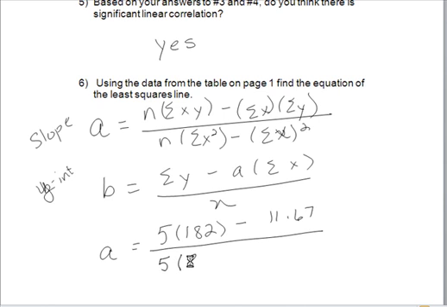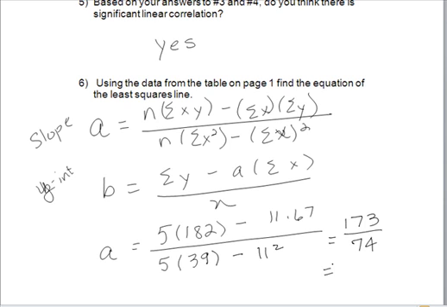Okay, so let's get our slope. 5 times 182 minus 11 times 67, getting 173. 5 times 39 minus 121, which is 11 squared, 74. Let's write that as a decimal. Divided by 74, I'm getting 2.34 for the slope.